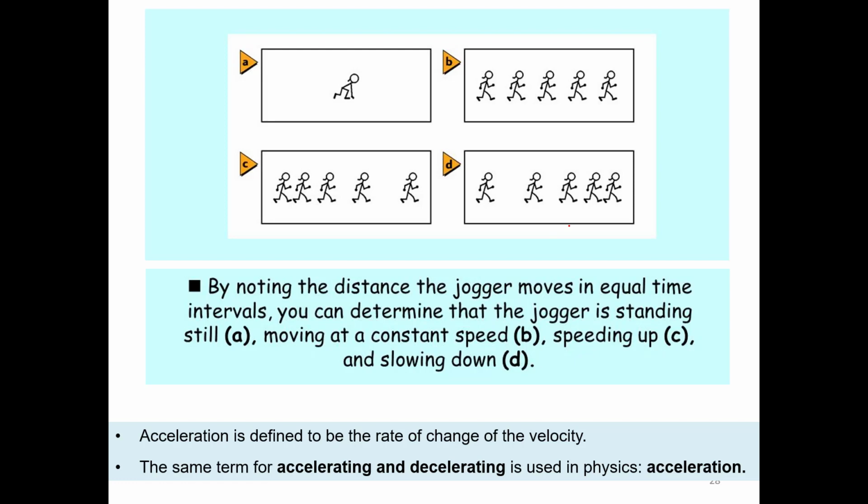When we say in the case of C and D that the person is accelerating, we are talking about both acceleration and deceleration. I think this is all I had to discuss in this case.